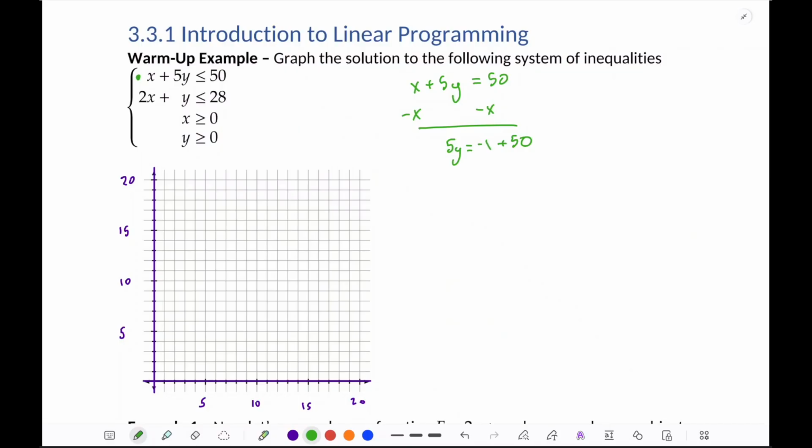So y equals negative 1/5 x plus 10. So go to the 10 on the y-axis, and then down 1 over 5, down 1 over 5. And that should be a solid line.